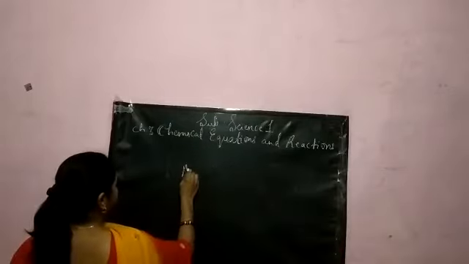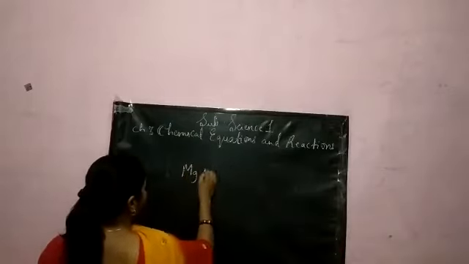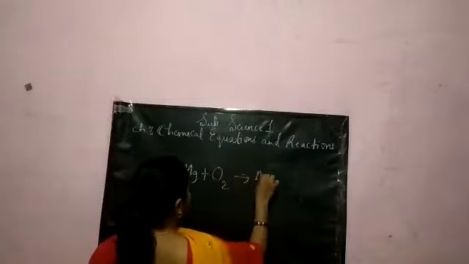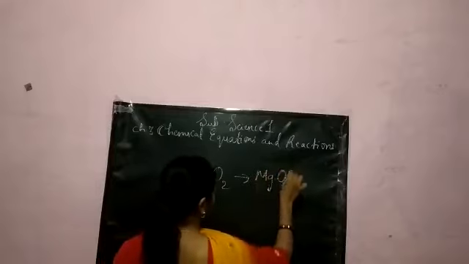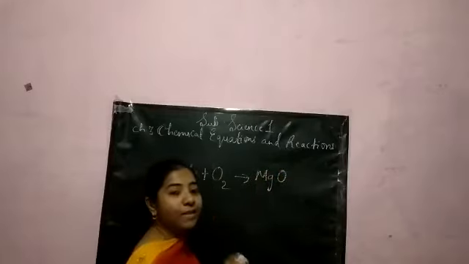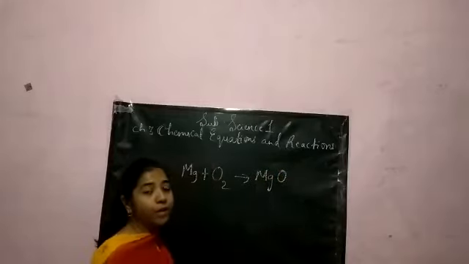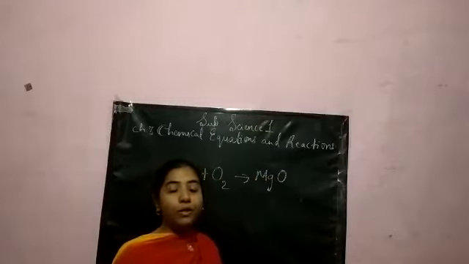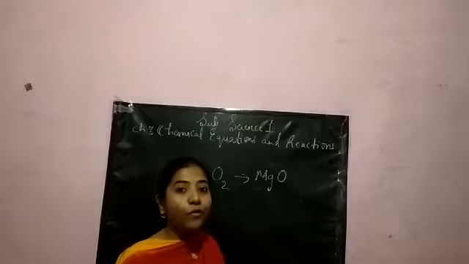If this is Mg, that means magnesium, if oxygen molecule is added to it, it will result into formation of magnesium oxide. So this reaction is an oxidation reaction. There is also oxidation reaction which we carry out in our day-to-day life, and that is the oxidation of food.